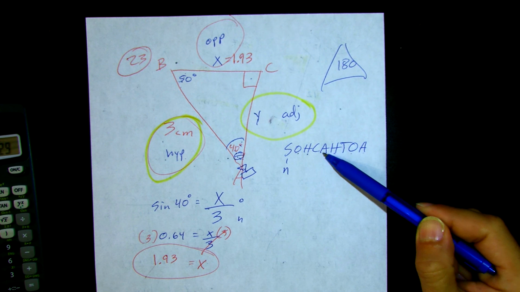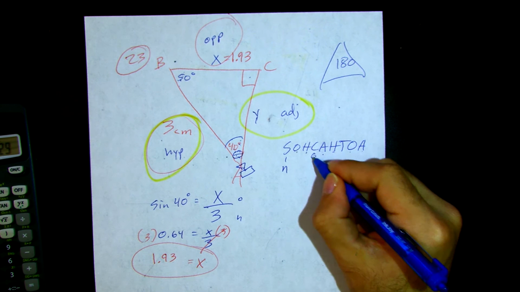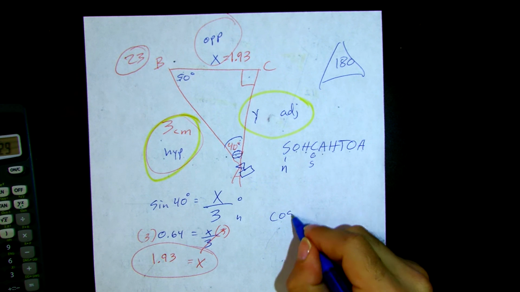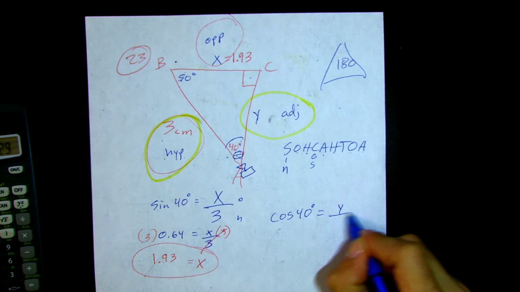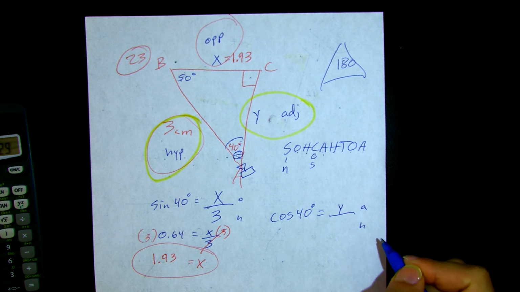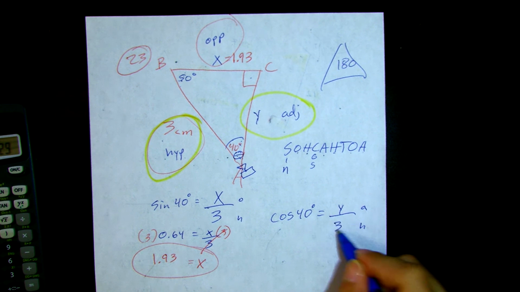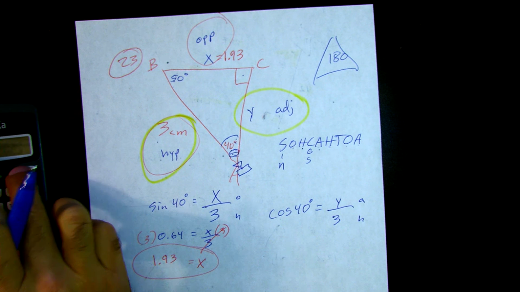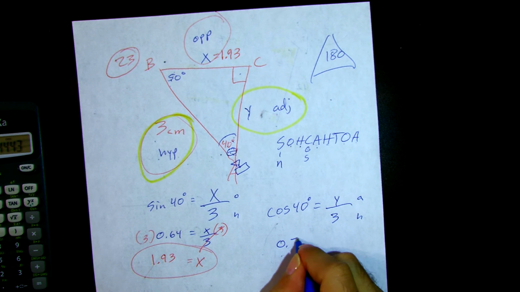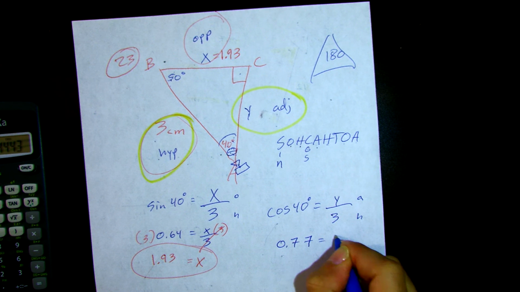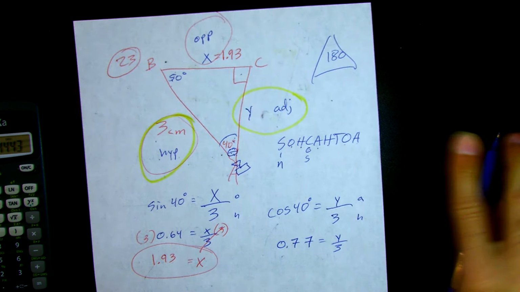Opposite adjacent, nope. Adjacent hypotenuse, yeah. So let's use the cosine. Cosine of 40 degrees is equal to the adjacent y, adjacent over the hypotenuse, 3. We have cosine of 40, 0.77 is equal to y over 3.